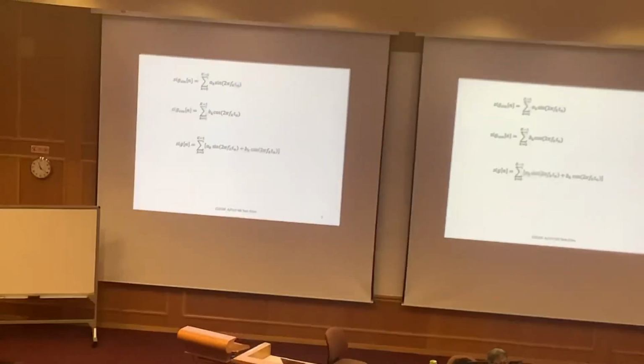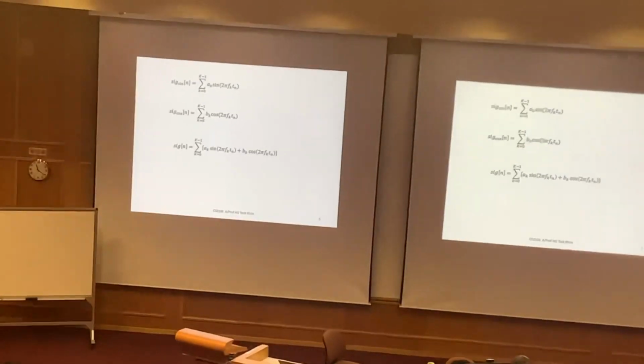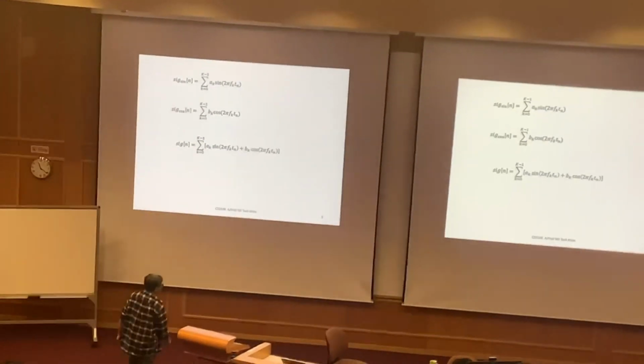Right? AK and BK big means the strength of that frequency is high. AK and BK 0 means there's no such frequency in the signal. Understand? Okay? So the whole idea of frequency analysis is to get AK and BK, and we'll learn how to do that.